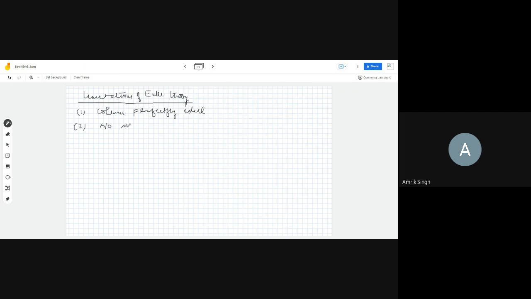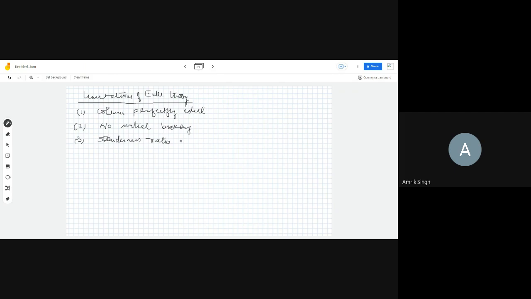Number three was the slenderness ratio. So this we discuss up to which slenderness ratio the Euler formula is applicable.